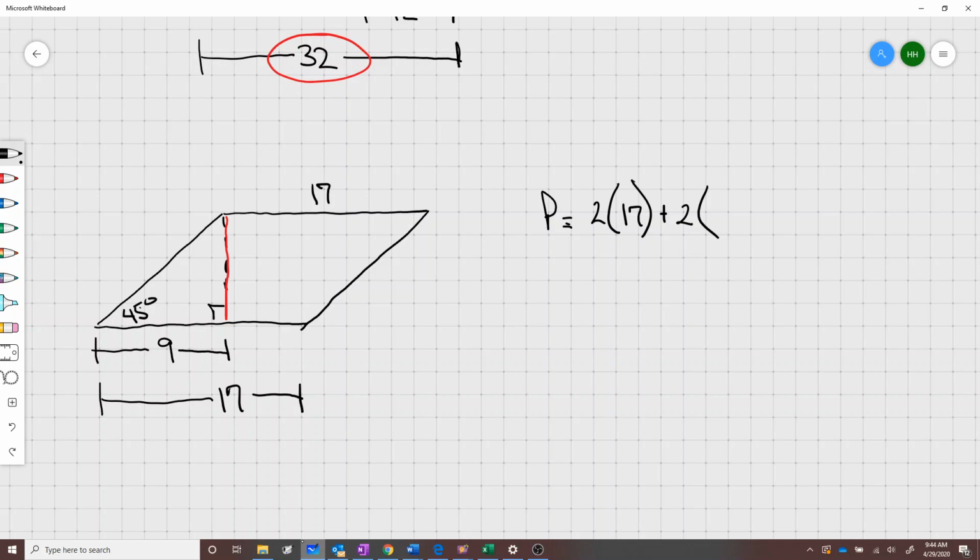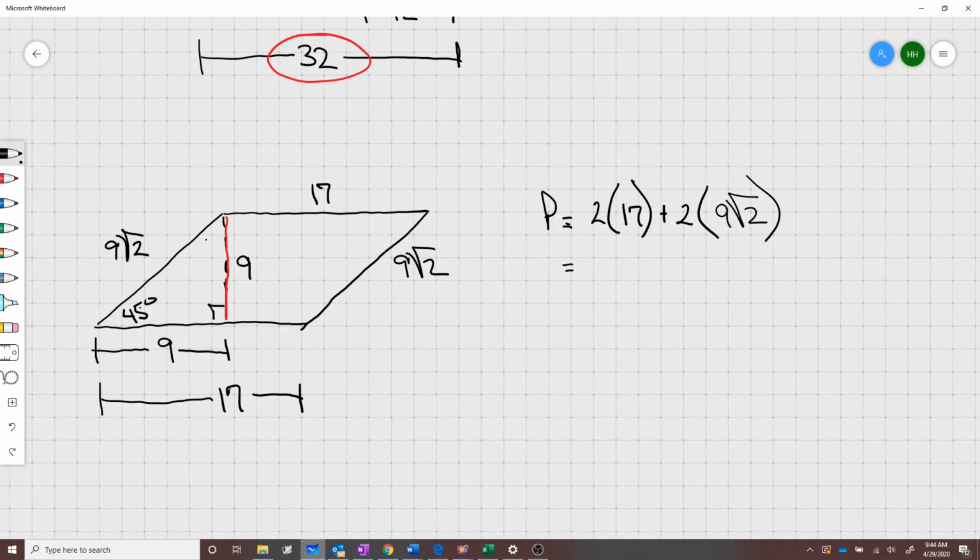So if this is a 45, 45, 90 right triangle, and this leg is 9 units long, then the other leg, which is also the height, is 9 units long. And the hypotenuse of the 45, 45, 90 is equal to 9 times the square root of 2, or a leg times the square root of 2. So if the left side is 9 radical 2, then the right side is 9 radical 2. So we've got 2 17s plus 2 of the 9 square root of 2s.